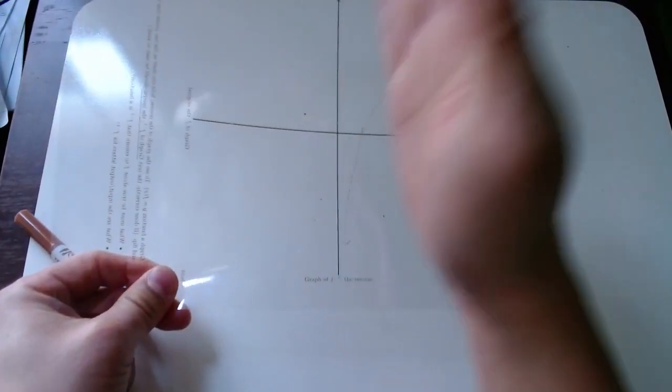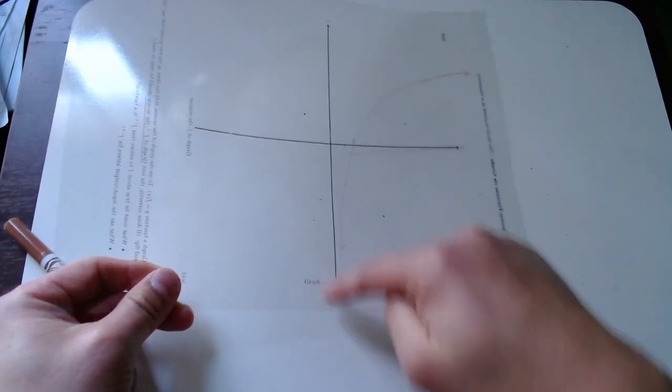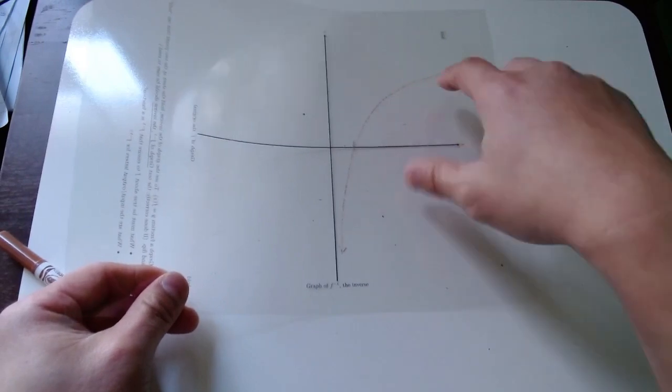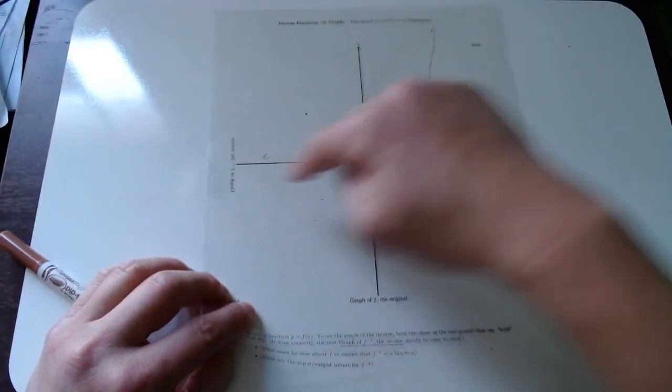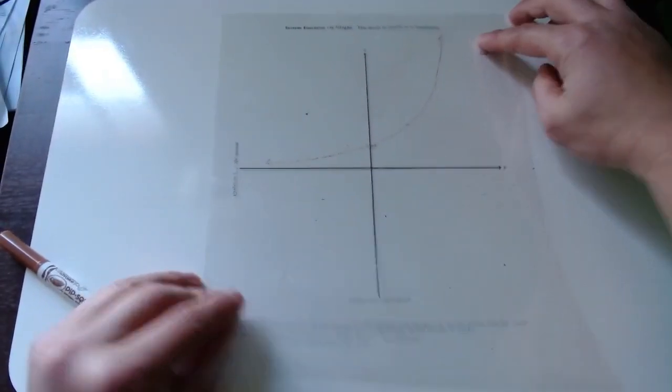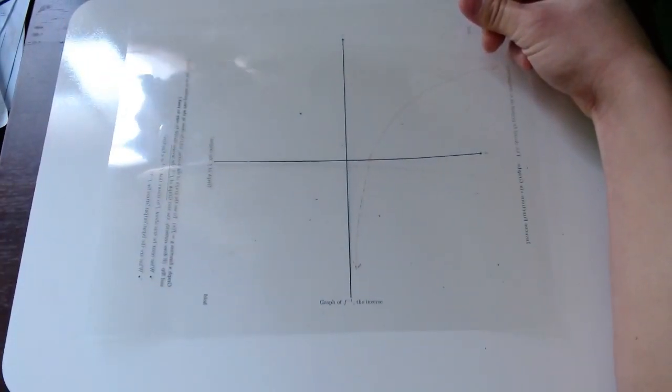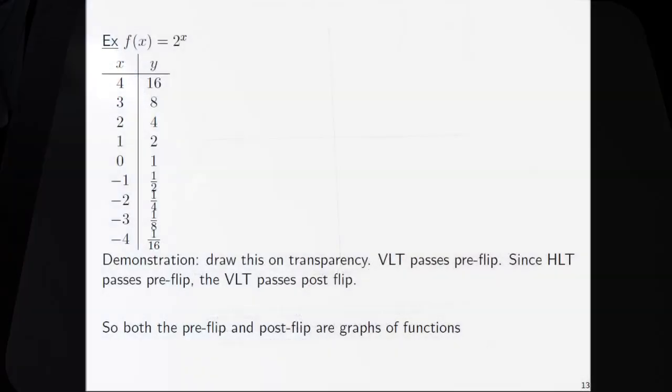And we see every vertical line either goes through this graph once or not at all. And so that means this is the picture of a function. Once you flip, we get a new function. So both the pre-flip and the post-flip are graphs of functions.